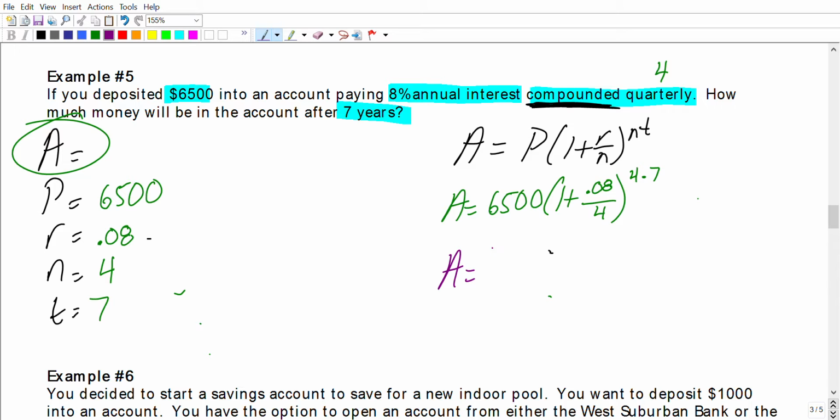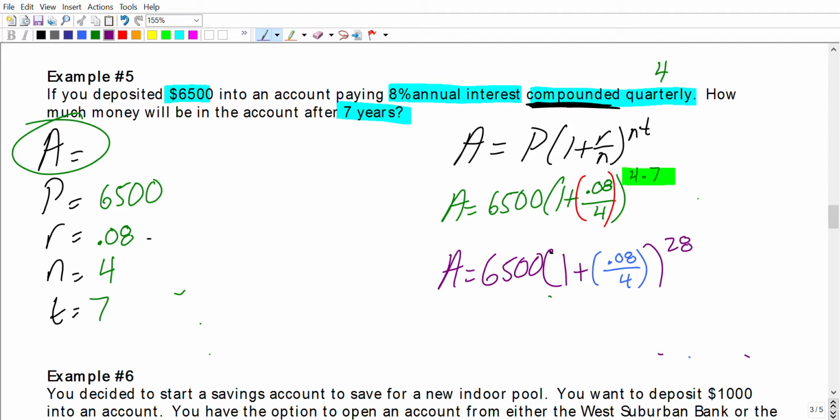Let's see what we would actually type into the calculator. Again, all I'm doing here is calculating what this is first and making sure I put this in its own set of parentheses. So this is 6,500, 1 plus 0.08 over 4, raised to the 4 times 7, which is actually 28.